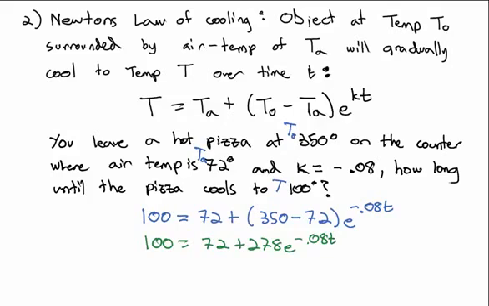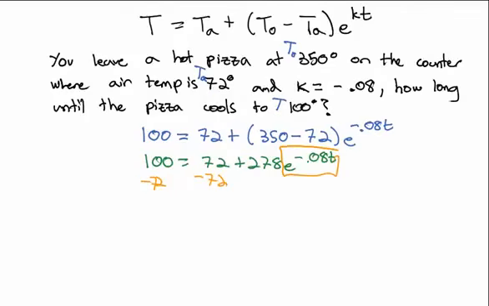What we're solving for again is in the exponent. And so to get it out of the exponent, we're going to need to write it as a natural log. However, we can't do that until that part is alone. We're trying to isolate the part with the exponent. So first we'll subtract the 72 from both sides to get 28 equals 278 e to the negative 0.08 t.